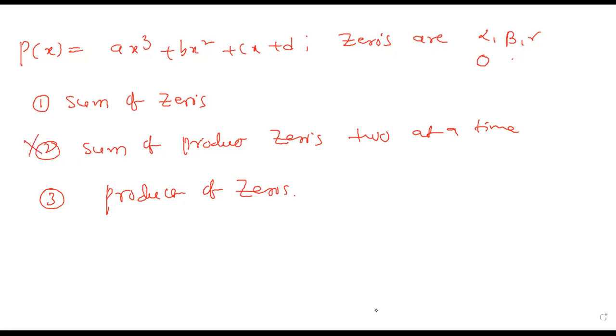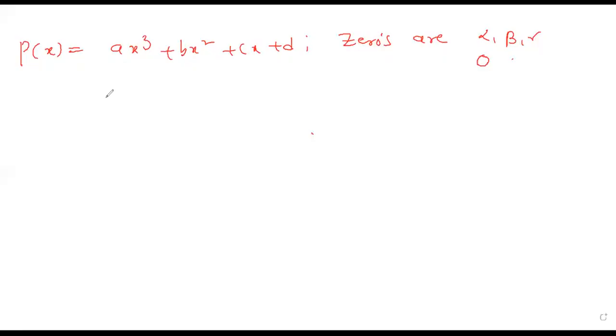So what is the formula for that second one? The sum of products of zeros two at a time, alpha beta plus beta gamma plus gamma alpha, is equal to c by a. Here they said alpha is 0 already.